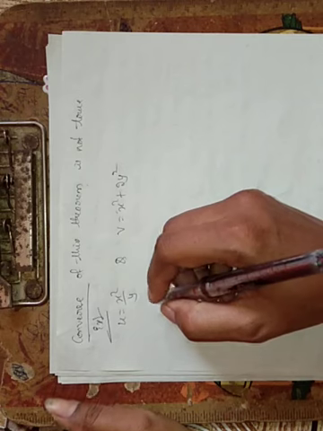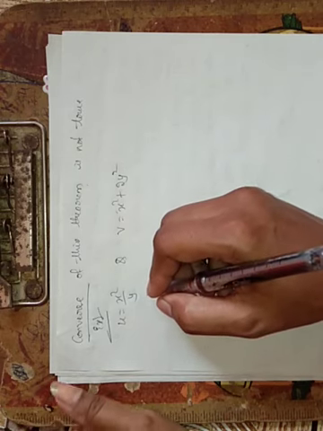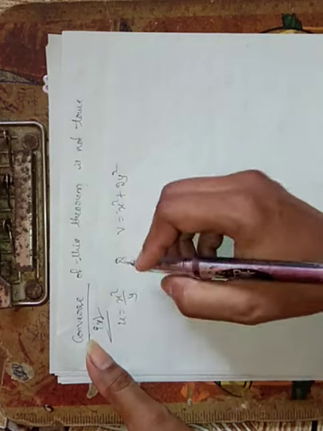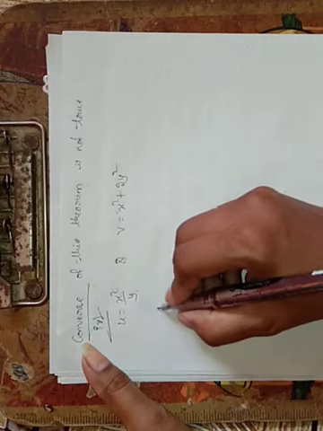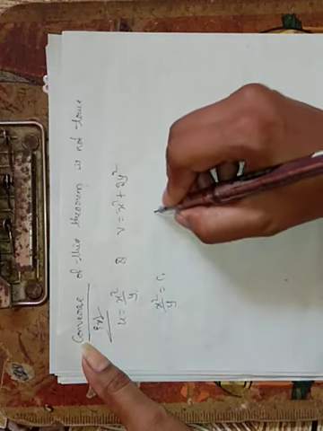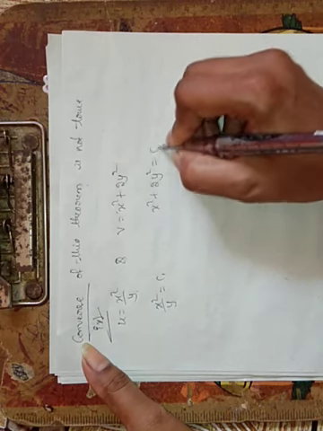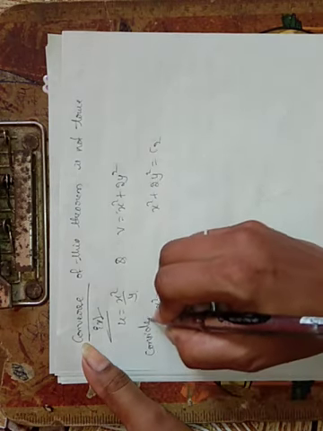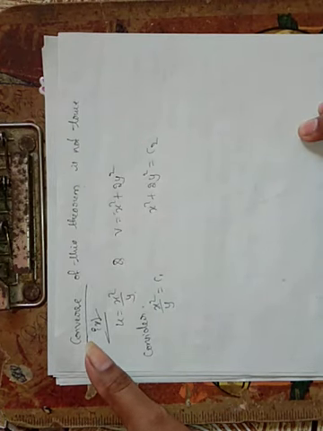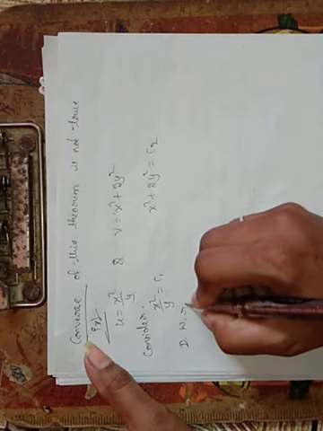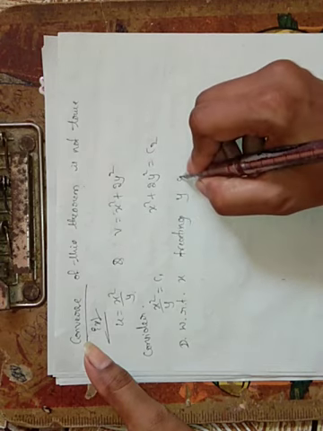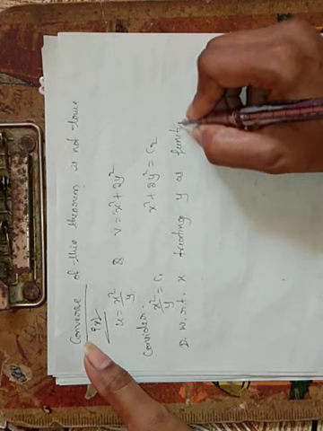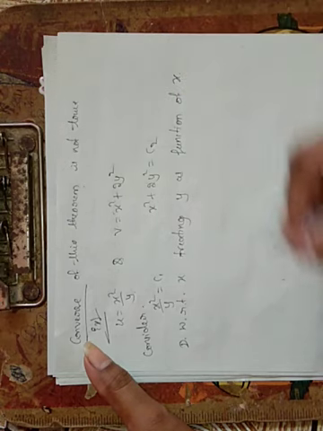So I am going to differentiate with respect to x, treating y as a function of x. So consider x square by y equal to c1, x square plus 2y square equal to c2. Now differentiating with respect to x, treating y as a function of x.